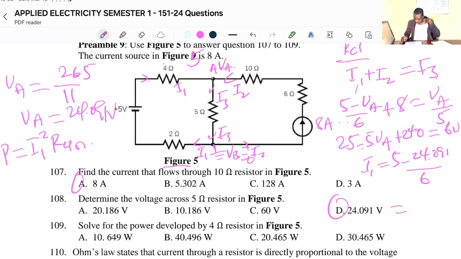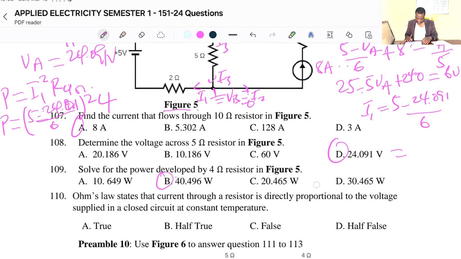So you replace the whole of this: 5 minus 24.091 over 6, then square of that, times 4. That is going to give us 40.496.